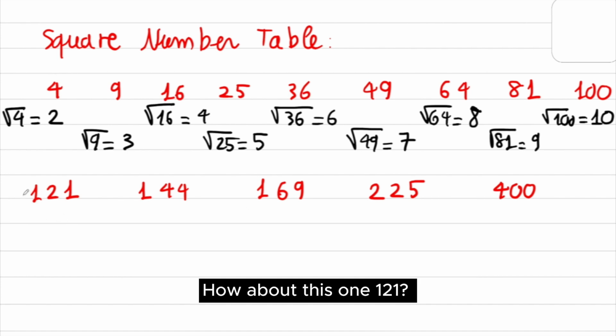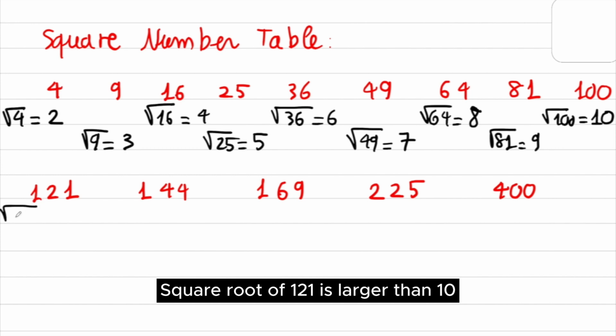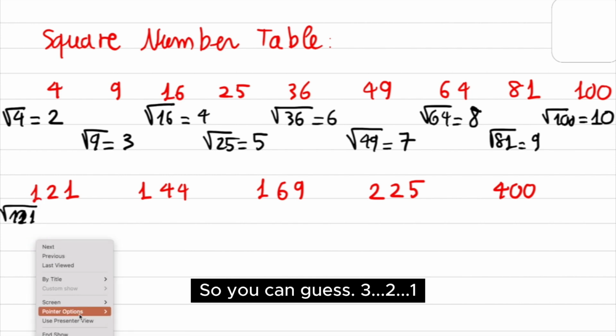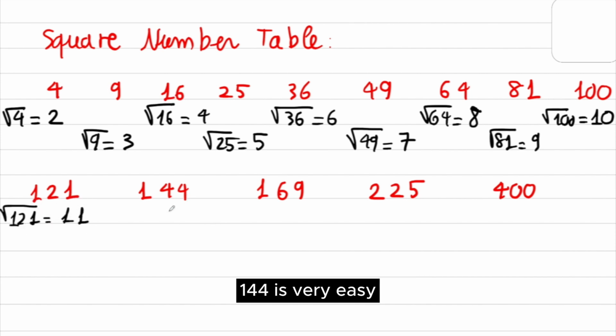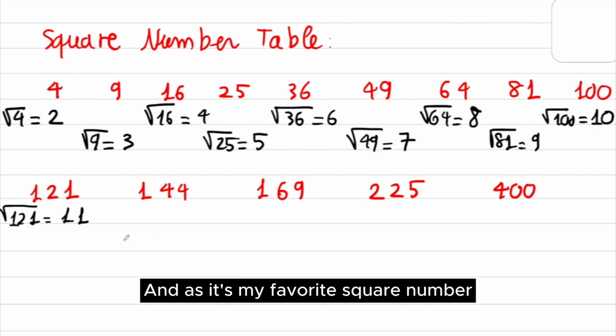How about this one, 121? The square root of 121 is larger than 10, so you can guess, 3, 2, 1. This is 11. 144 is very easy. Yes, it's my favorite square number.